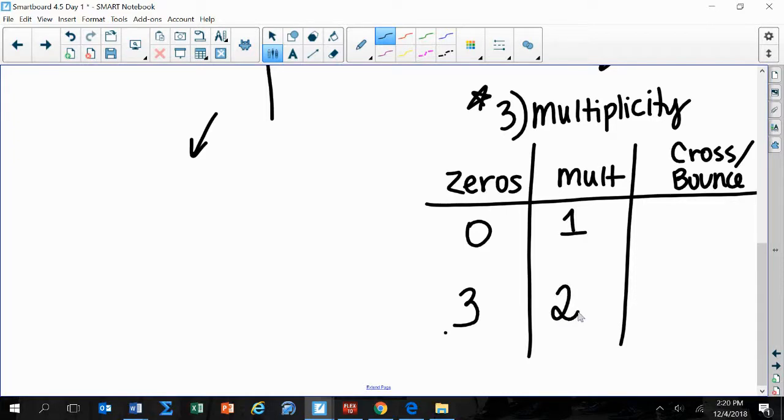So then I'm going to describe what the behavior of the graph is at each zero. Is my behavior of the graph at each zero a cross, or is it going to be a bounce? Because 1 is odd, that's when you say that we're going to have a cross.